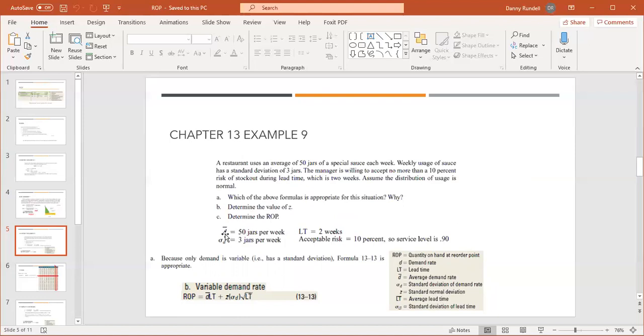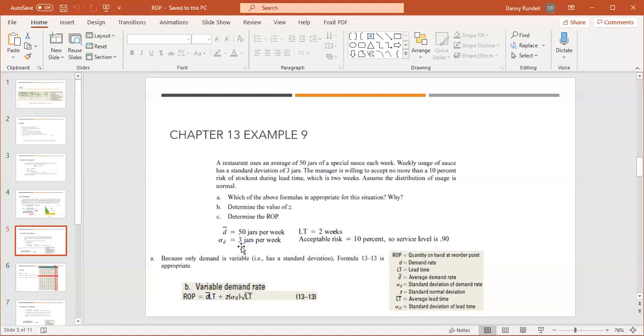So our average demand, that's what the line on the top is, our average demand is 50 jars per week, but we have a standard deviation, which means that we might need 3 jars more or 3 jars less. We're going to assume more because we always want to make sure we have enough on hand for our needs, right? So the standard deviation of the demand rate, that's what this means.